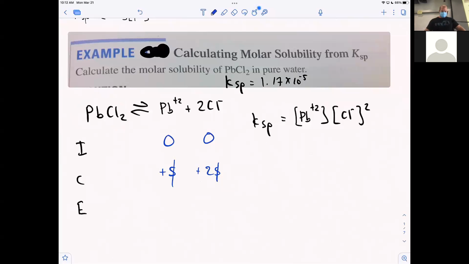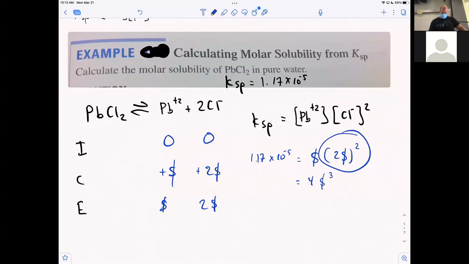So the lead gets S, and 2S for chloride, the extent of reaction. At equilibrium, Ksp is 1.7 times 10 to the minus 5 equals S times (2S) squared, which equals 4S cubed. Common mistake: don't forget to square the 2 inside.